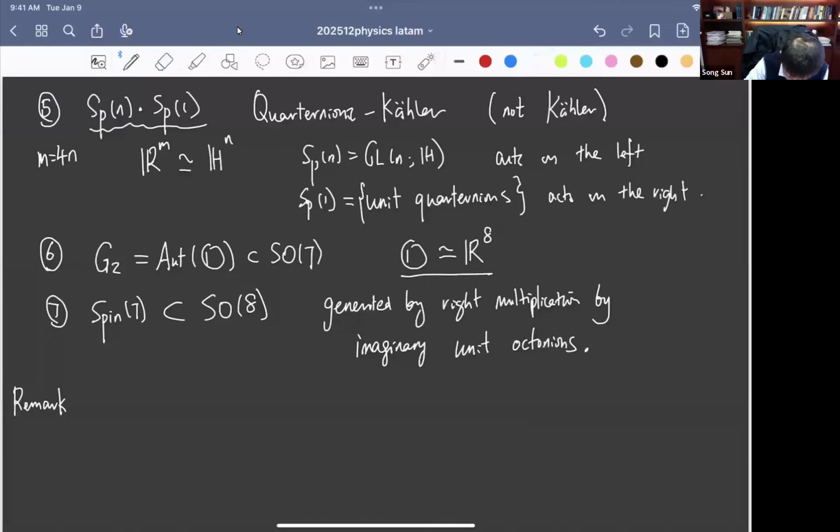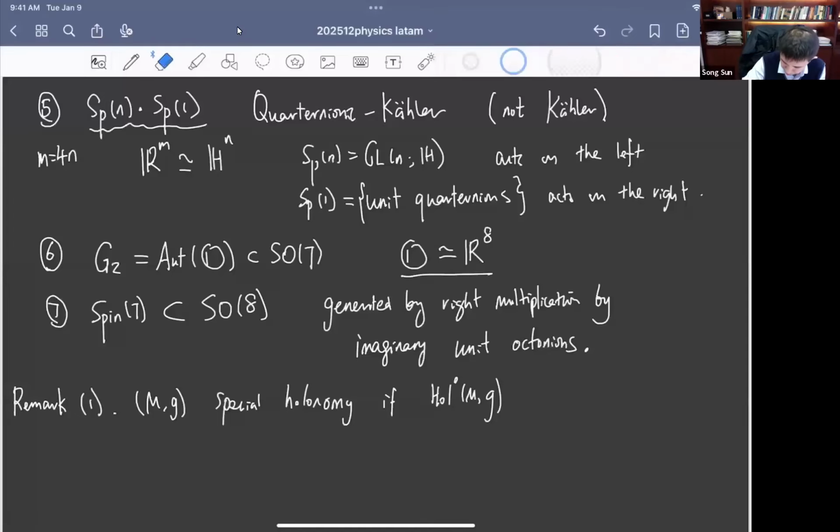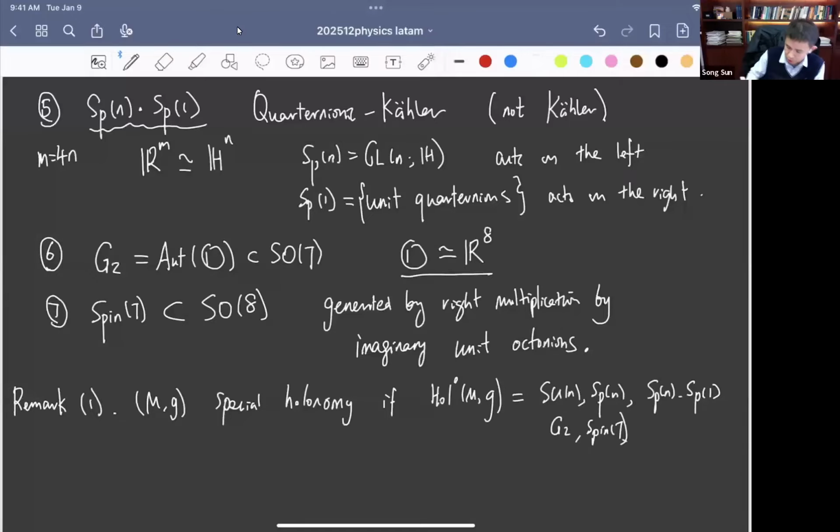We call a metric g special holonomy if the holonomy group is not one of the first two, that is, if it is one of the special ones SU(n), Sp(n), Sp(n)·Sp(1), G2, Spin(7), or contained as a subgroup.